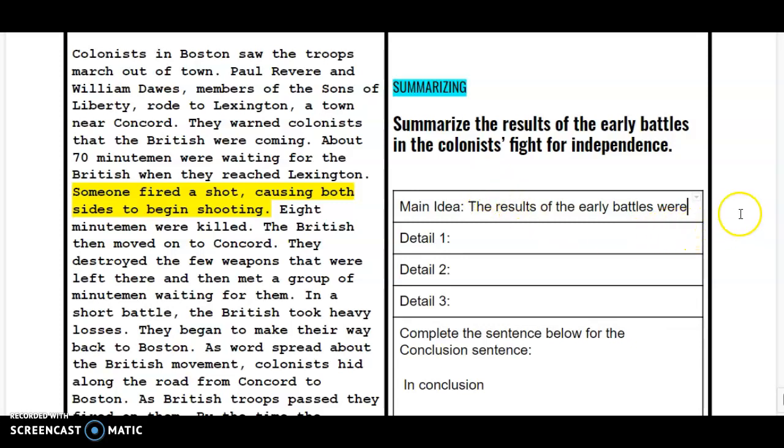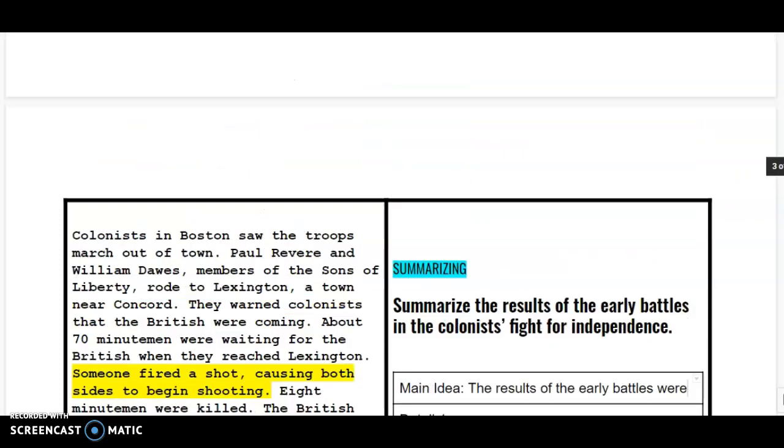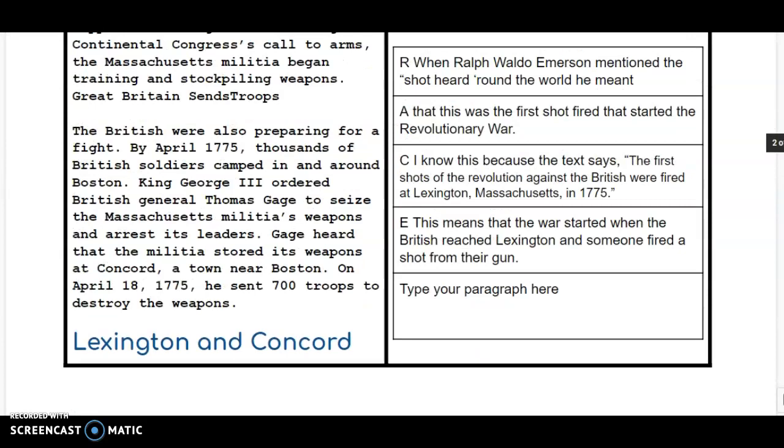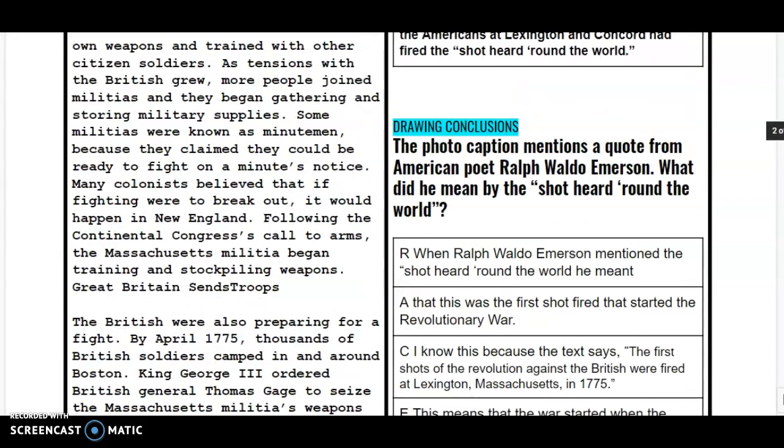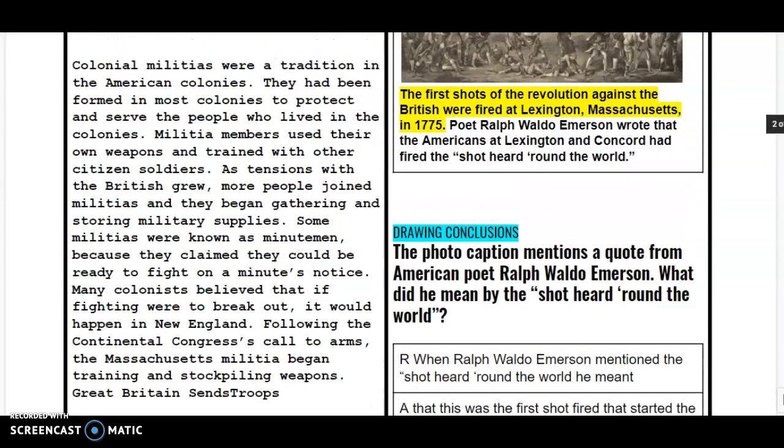So we're going to go up to when they start talking about the militias. So it says colonial militias, and remember the militias were just regular people who had guns and they got together and they fought other people.